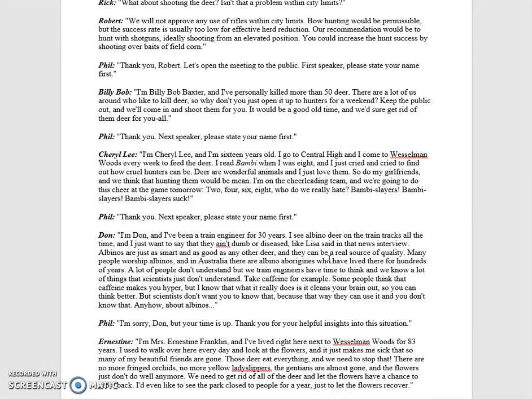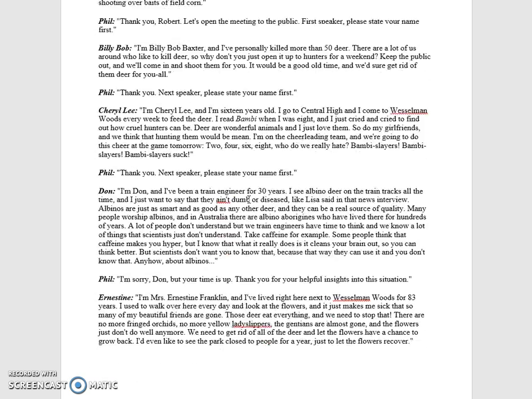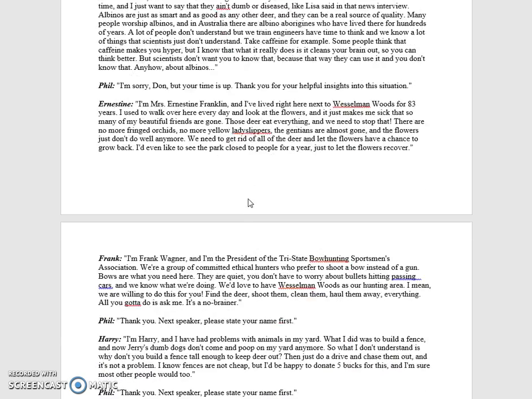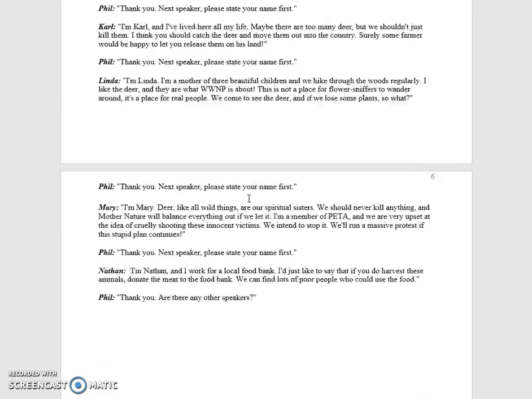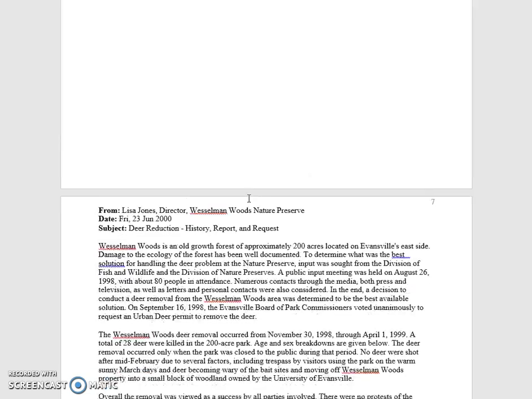They get to hear all kinds of different sides to the story, from people like Billy Bob here, who has killed more than 50 deer, to Cheryl Lee, who's a 16-year-old cheerleader who read Bambi and plans on cheering about Bambi haters, and that they are not so good. And then there are a lot of different points of view in between. Once we do that, we go through that.